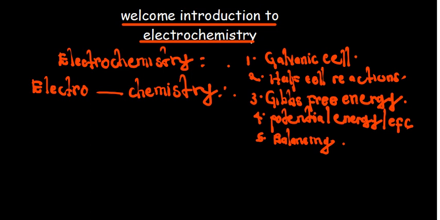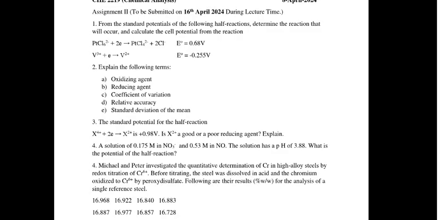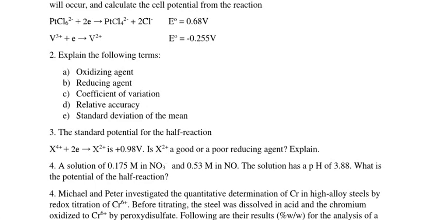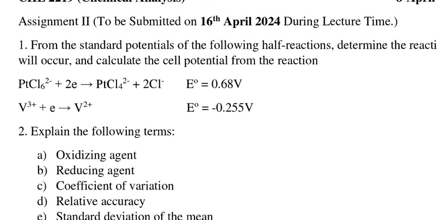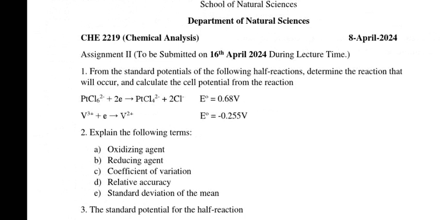I'm sure you guys have come across different kinds of questions like these ones here. I don't know if you're able to see. There's a paper here. You're able to see, right? There's a branch of chemistry called chemical analysis.